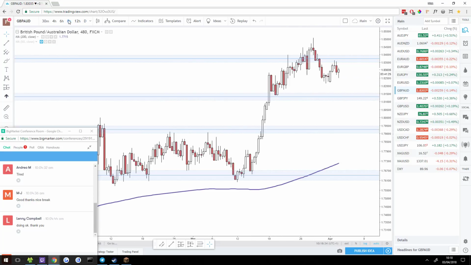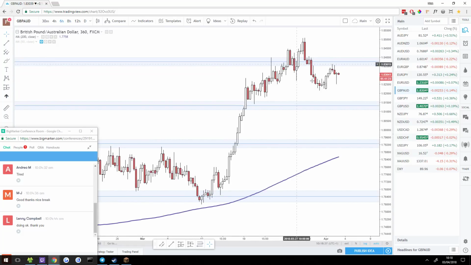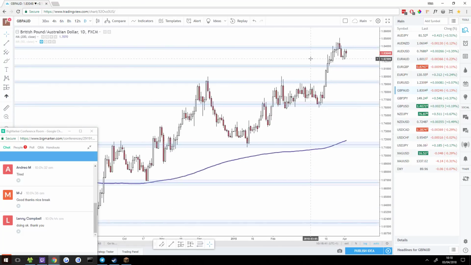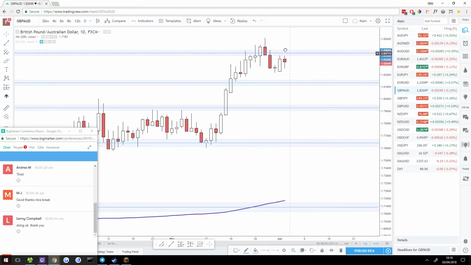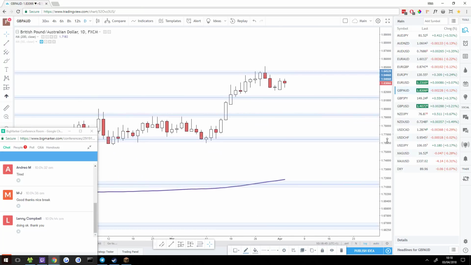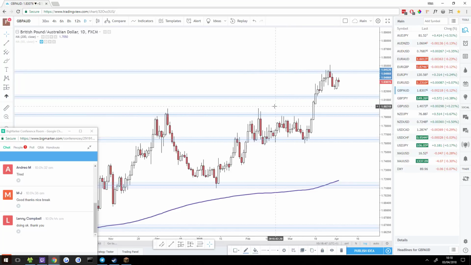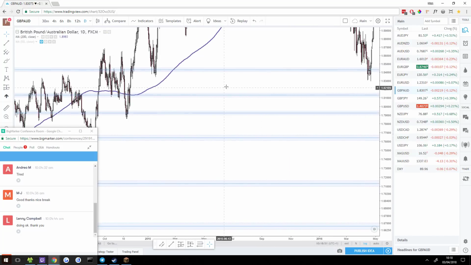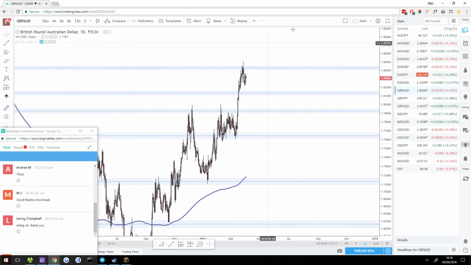GBP AUD trending up. Kind of hit this resistance area and backed away. I don't know what these support resistance areas are based on. Oh, yeah, they're based on pretty old data, aren't they?